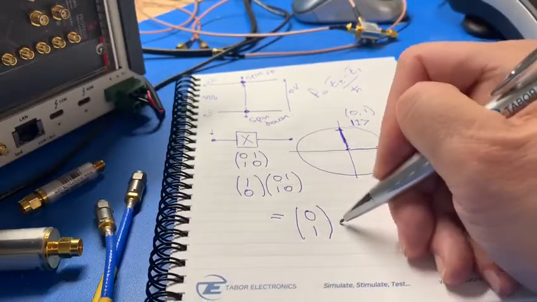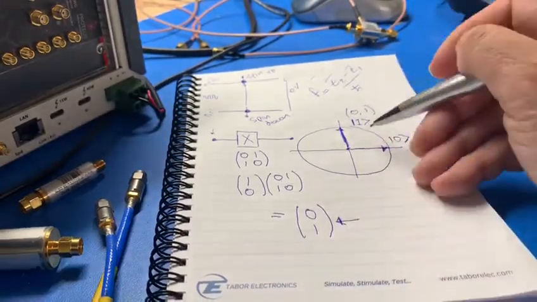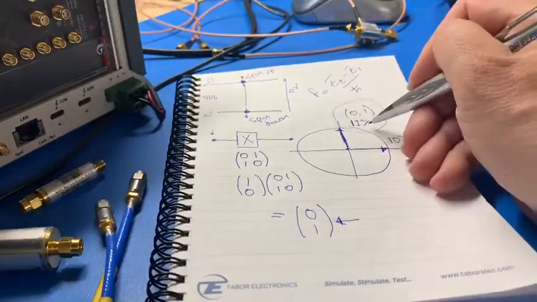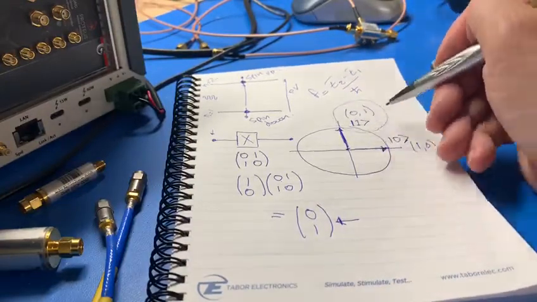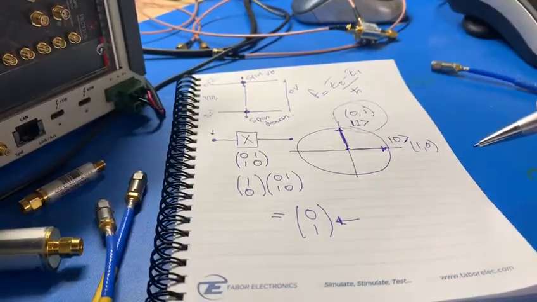We end up with this vector, which corresponds to our spin-up state and what we've defined in our ket notation as our logical one.